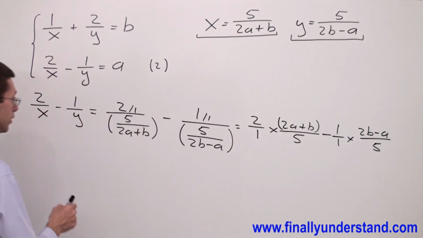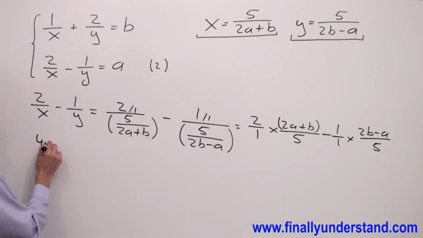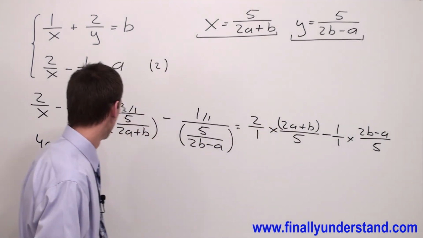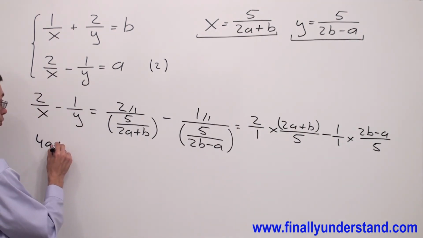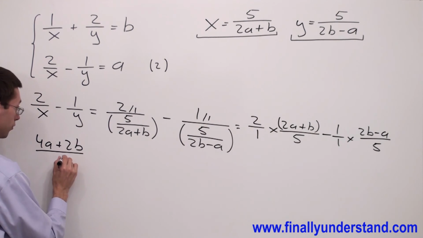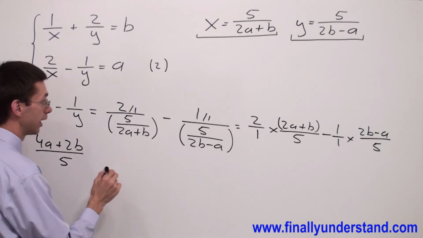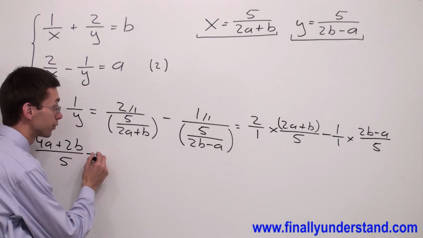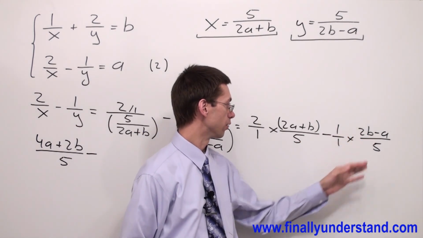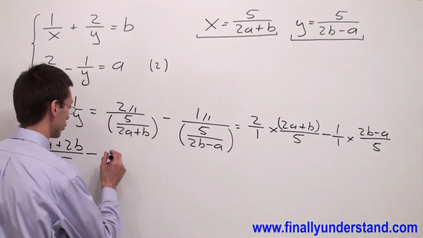Next, I'm supposed to perform the multiplication. So we have 4a, because I have 2 times 2a, and I have plus 2b over 5. And I have minus 1 times 2b minus a over 5.